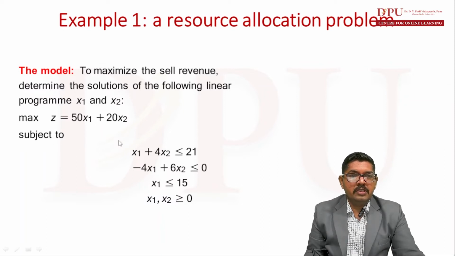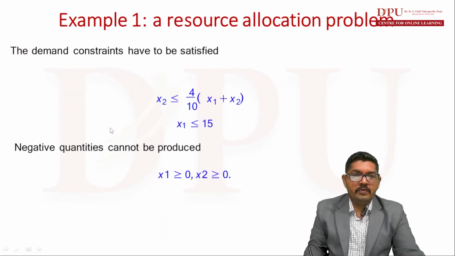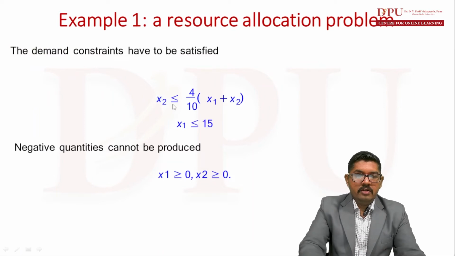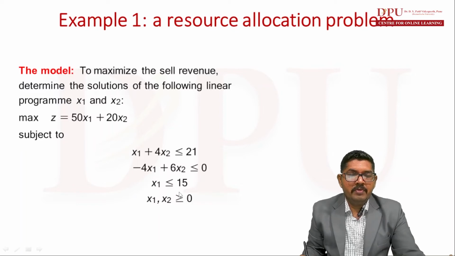This is subject to constraints. So x1 plus 4x2 should be less than or equal to 21, minus 4x1 plus 6x2 less than or equal to 0, as we have done. So from this equation we have calculated this, right? So minus 4x1 plus 6x2 less than or equal to 0, and x1 should be less than or equal to 15.